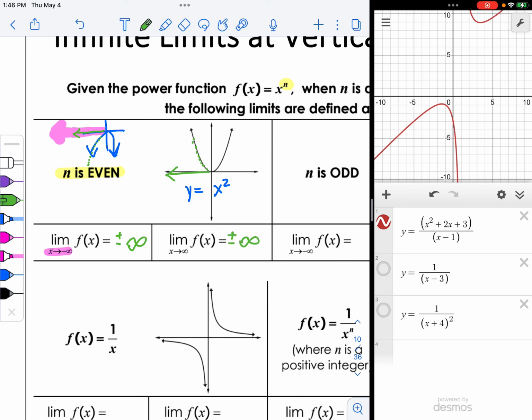Now, what's nice about any even power is that if your negative infinity side is going positive, your positive infinity side will also be positive. So whatever sign you use for one, you will use for both.